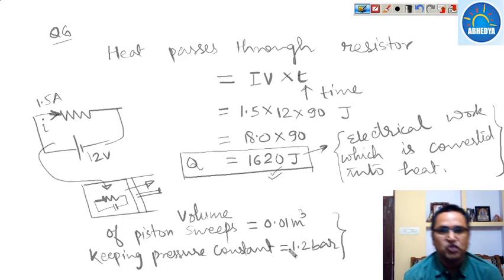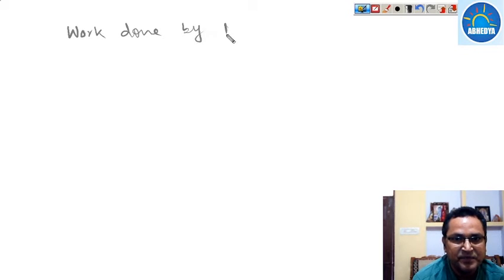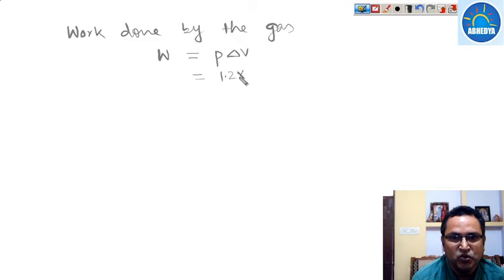Okay, so at constant pressure the piston is moving, so definitely the work is being done by the gas. So how much amount of work is done? The work done by the gas, let it be W, is equal to P delta V, where P is the pressure which is constant, that is 1.2 bar into 10 to the power 5 Newton per meter square into 0.01 meter cube.